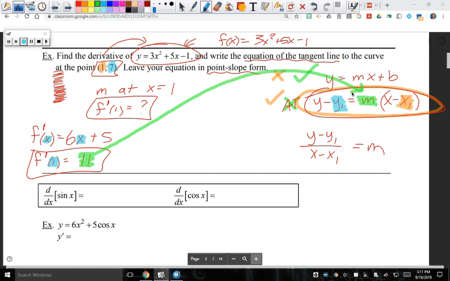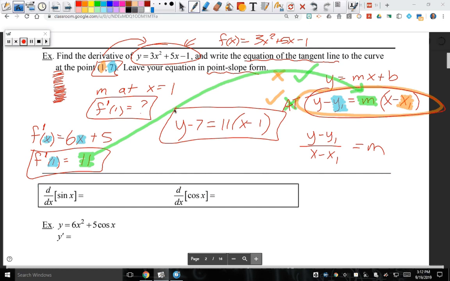So the equation becomes y minus 7 is equal to 11 times x minus 1. And this is good enough for me. Simplify at your own risk. You don't have to simplify this. Some people will look at this and be like, I don't like the way that looks. I'm going to move this over and get a -4. And this will be my answer.